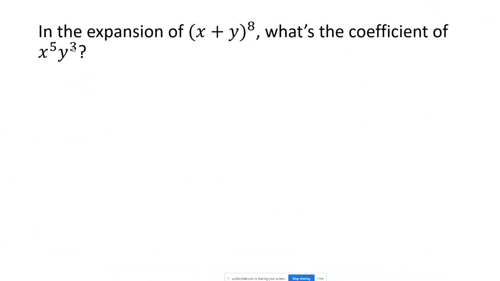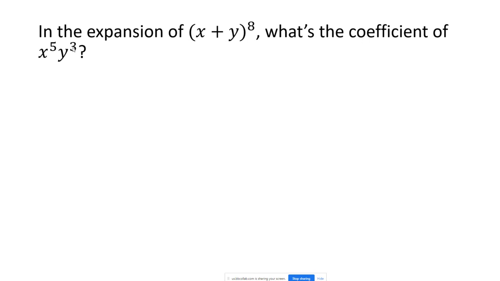We have x plus y times itself 8 times. And each time we multiply to get a term of the result, we're taking one term from each of these factors. So maybe the first time we go through, we pick all of the x's.